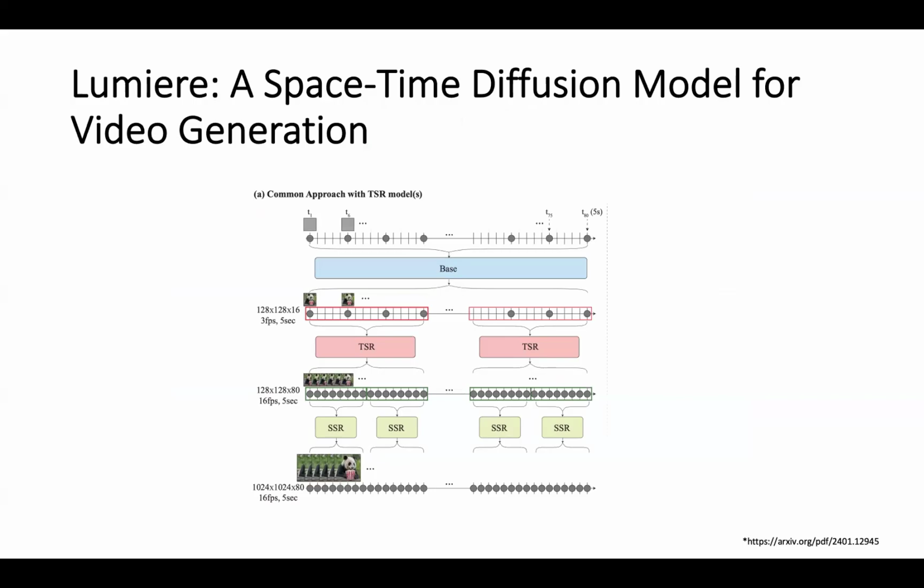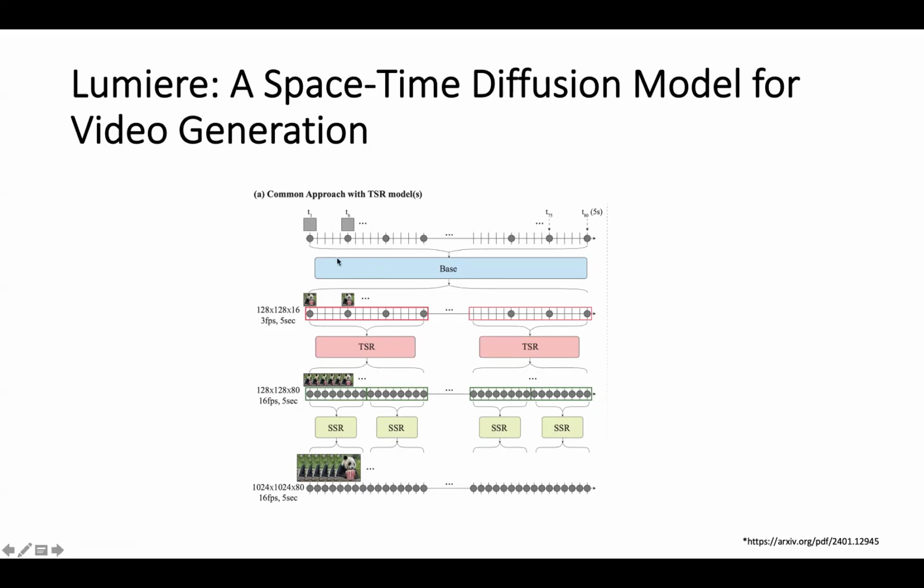Okay. So I want to talk about this Lumiere. The general approach of temporal super resolution models is like the one we discussed earlier, where we predict T0, T5, T10, T15, and so on, and try to interpolate.